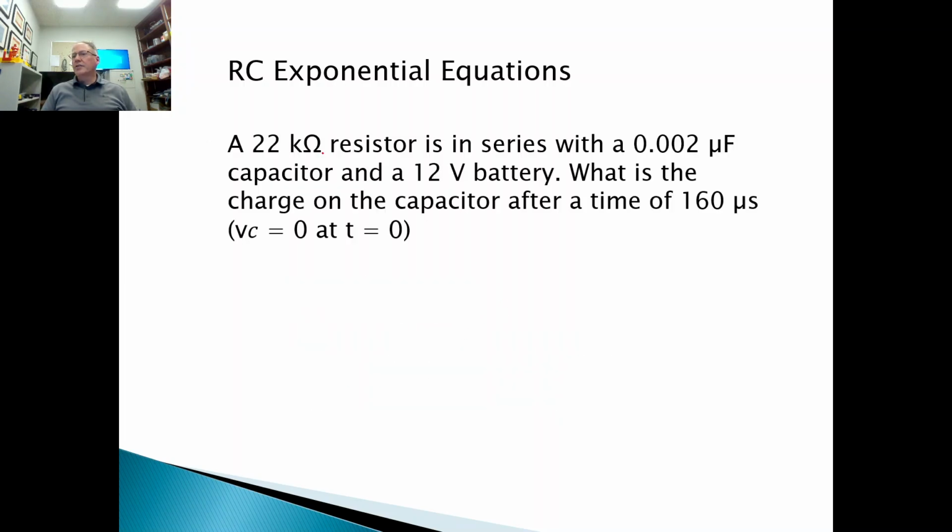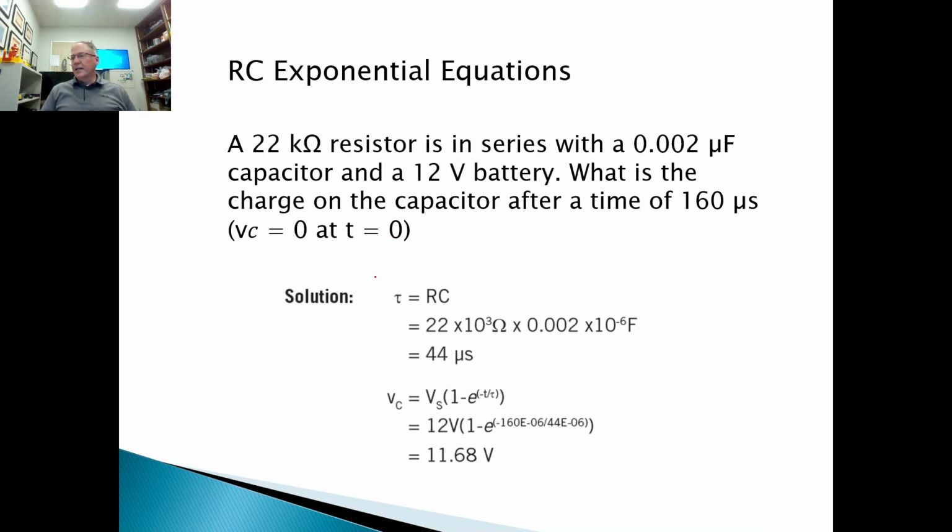So if we had a 22 kilohm resistor in series with a 0.002 microfarad capacitor, and the voltage is 12 volts, what is the charge at the capacitor after a time of 160 microseconds, assuming VC equals 0 at time equals 0?